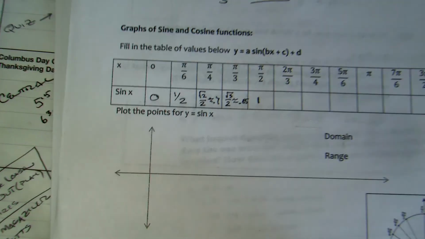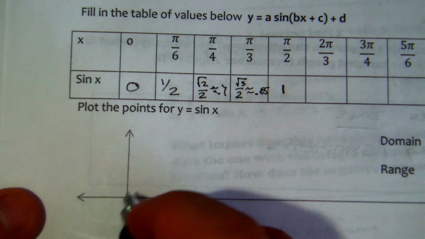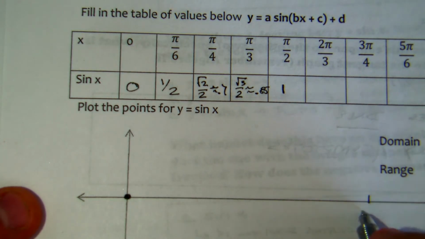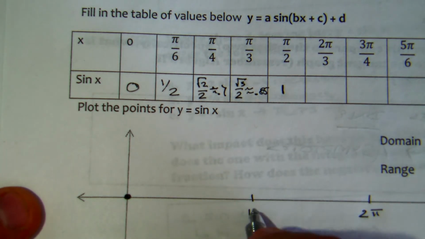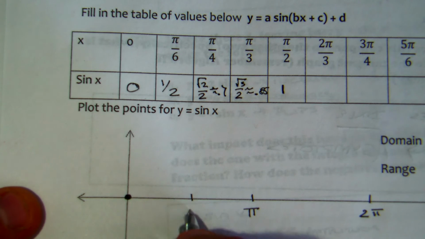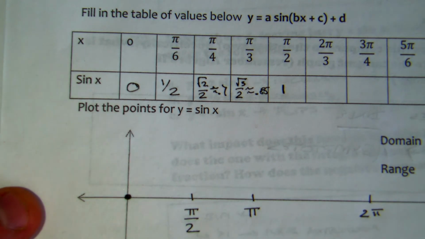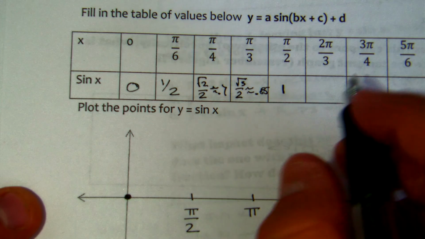Okay, now, when I graph it, here's 0, 0. I'm going to end up at 2 pi eventually, so I'll put that over here. That's going to be pi halfway, it's going to be pi over 2. So if I look at pi over 2, it's 1.